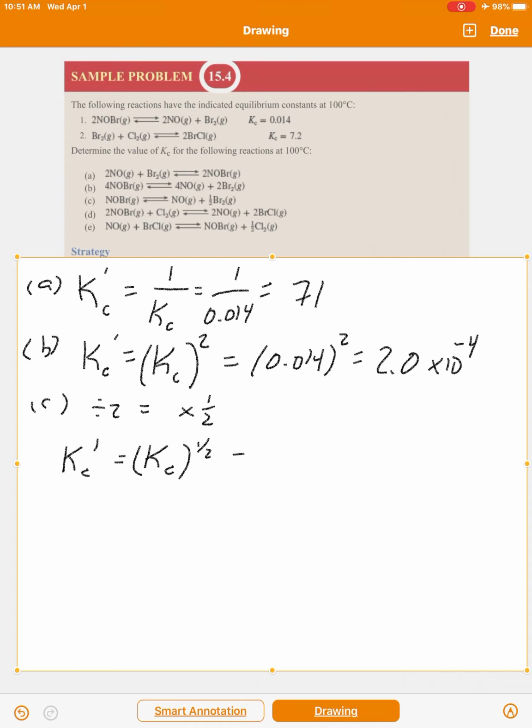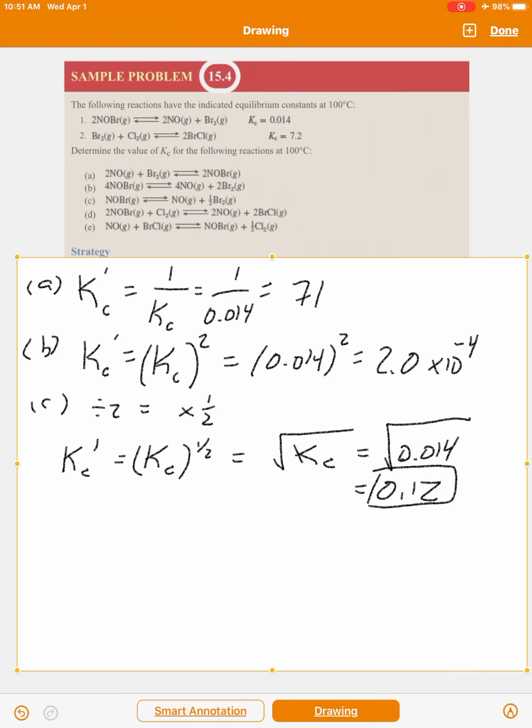Mathematically, if you raise something to the half, that's the same thing as the square root. So it's really just the square root of 0.014. The square root of 0.014 is 0.12, 2 sig figs.